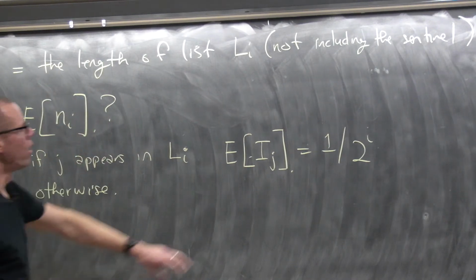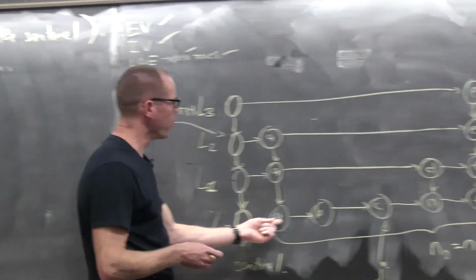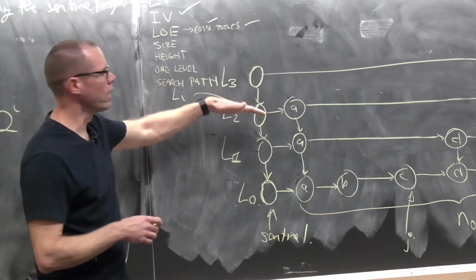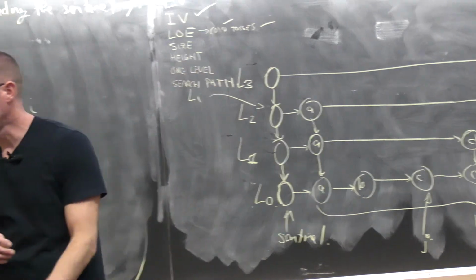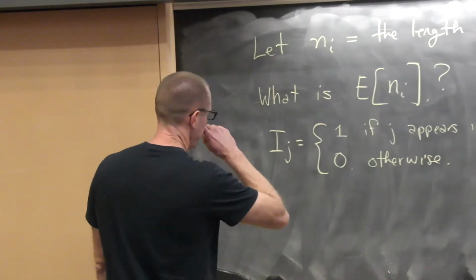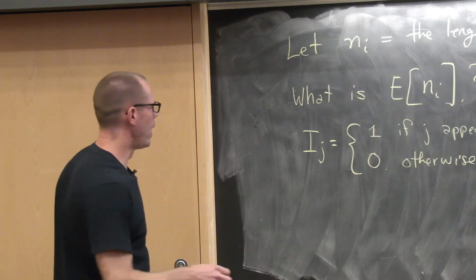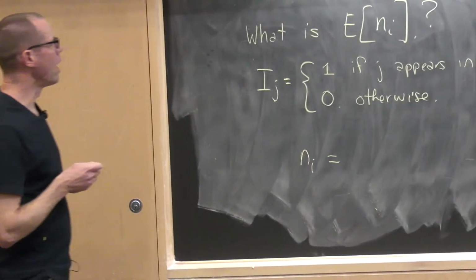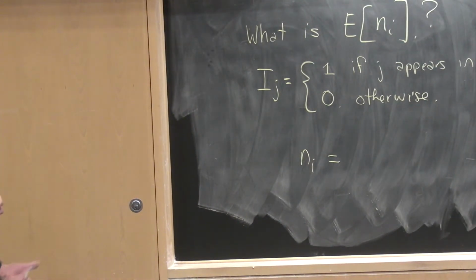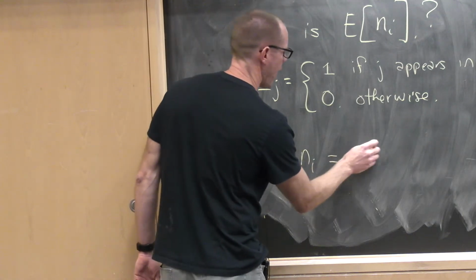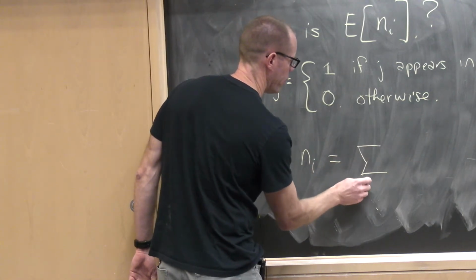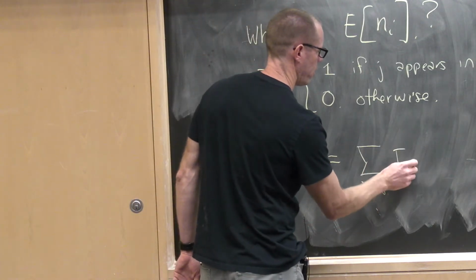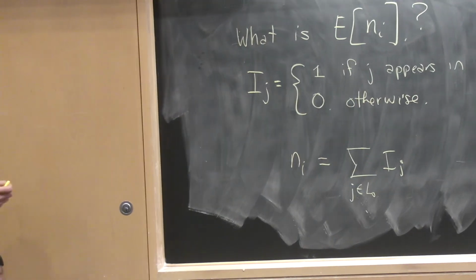So it doesn't depend at all on j. It's the same probability for any element in this bottom list here. It really only depends on which list you're asking if it made it up to. Okay. All right. Now we're good to go. So what is n sub i, the number of elements in that list L sub i? Well, I can get that by summing over all the j's in L0 of I sub ij, right?